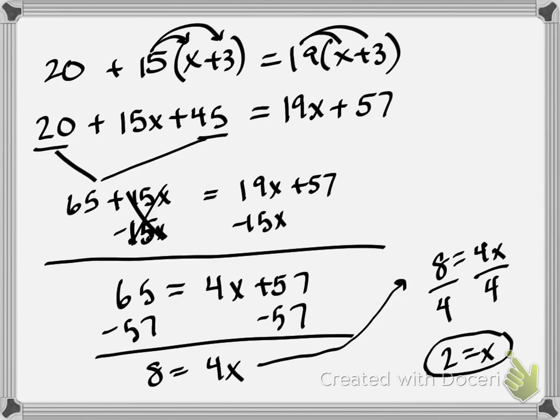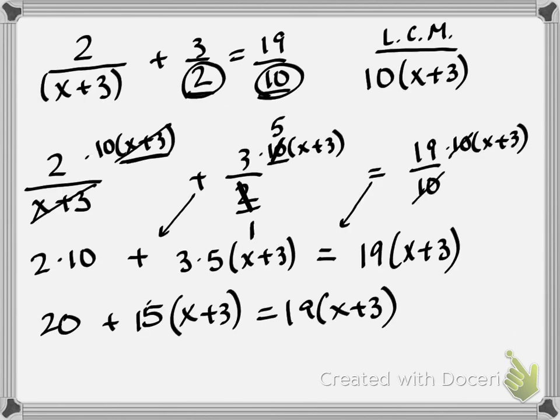Now, as we get our answer, let's go back to the beginning. If I plug positive 2 into here, what we're looking for is, does it create 0? If it creates 0, we have a problem because, for instance, if I were to plug in negative 3 for x, I would get negative 3 plus 3, and that would give me 0.